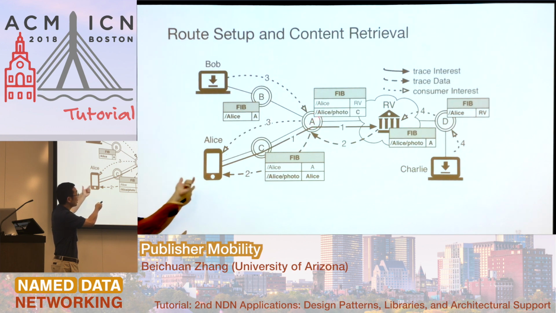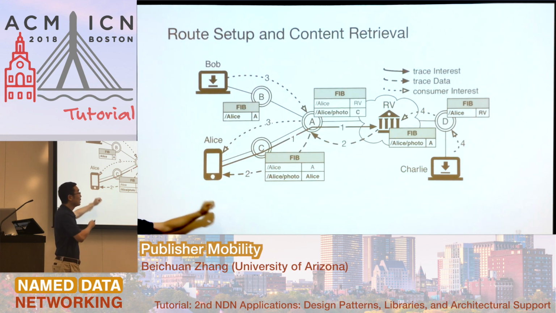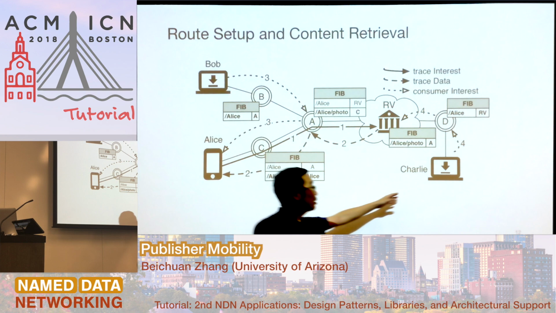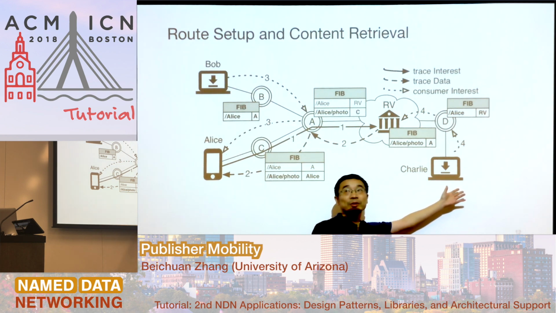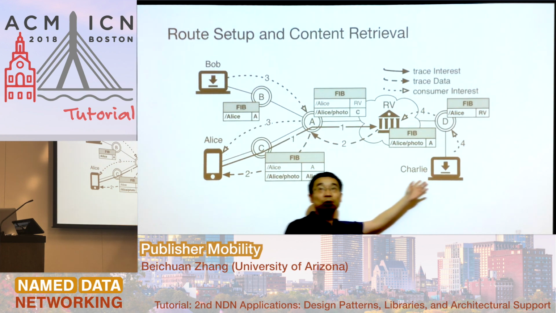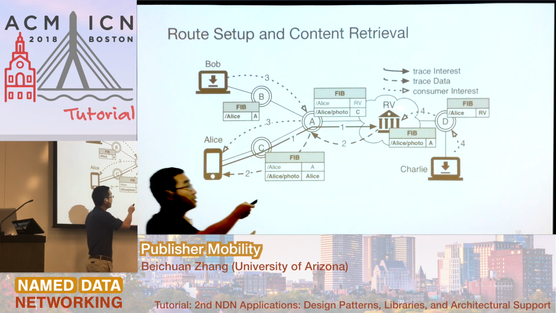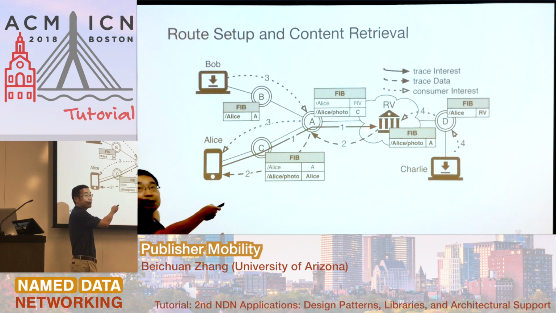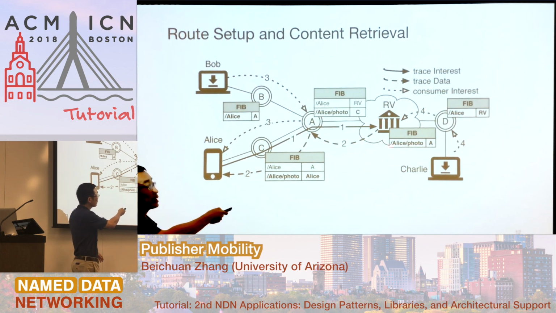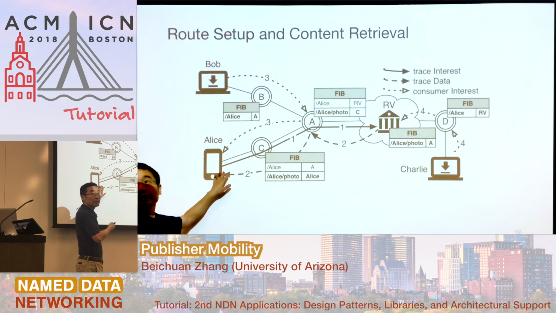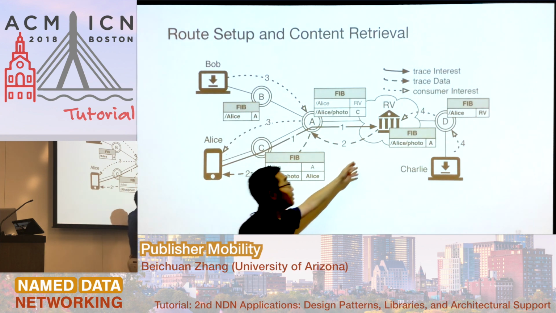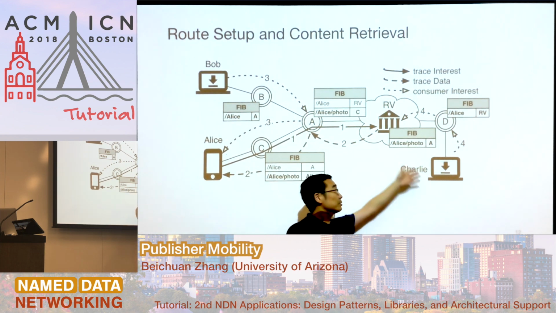A knows, okay, you're asking for the photo and I know a better path, so A will forward it to the phone. If somehow Charlie's laptop is on this side of the network, its interest for the photo will go all the way to the rendezvous point. And then the rendezvous point knows, okay, I have a more specific prefix, so it will forward it along this way to get data. Of course, if the data is already in the rendezvous point, then it will just download from the rendezvous.